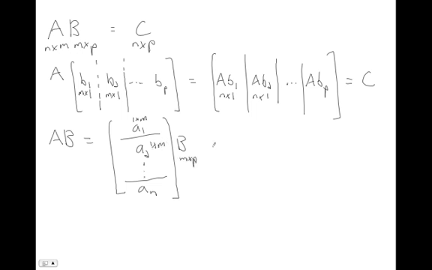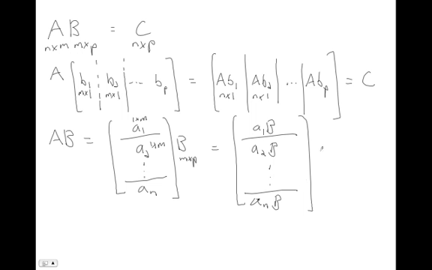So it turns out I can think about this as loading up each of these individual rows as A1B, A2B, all the way down to ANB. I think this is something that people have less intuition for.